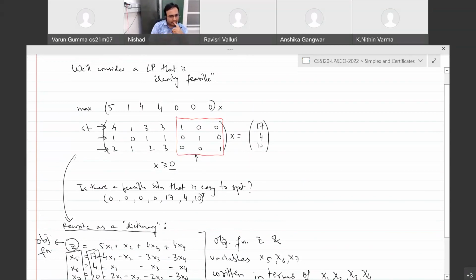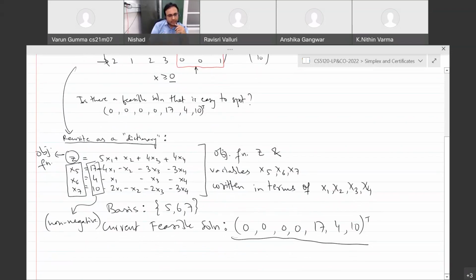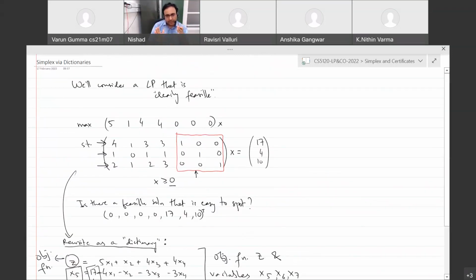That is part of the standard equality form, right? So that's why if you directly want to read off a solution, you want all of these numbers to be non-negative, right? So what happens if we end up with, say, -17 because of something that happened there? That's not a valid dictionary. So we will come to that later. If my LP was not the way I want it to be, then we need to do something else. And that we are going to discuss later.